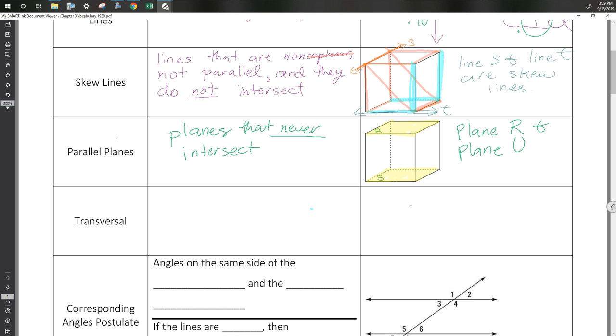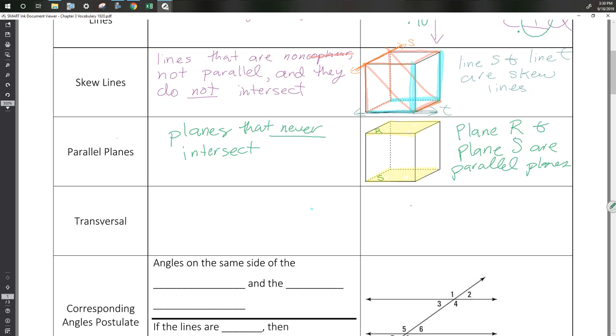Remember, you name planes by a capital print letter or by 3 points on the plane. Since I decided to call them plane R and plane S, we named them by that capital print letter.